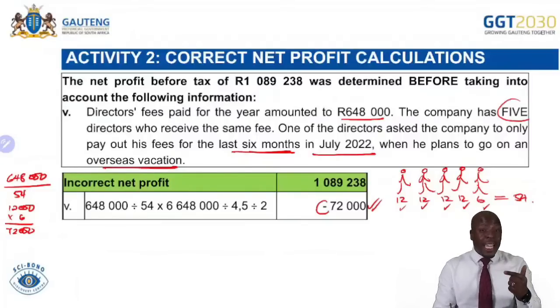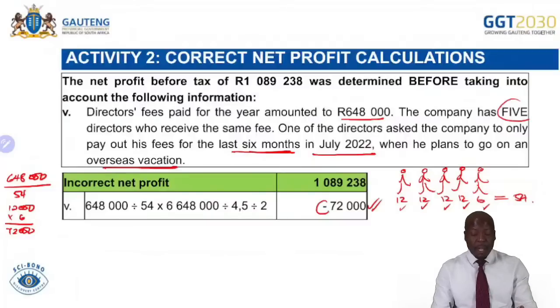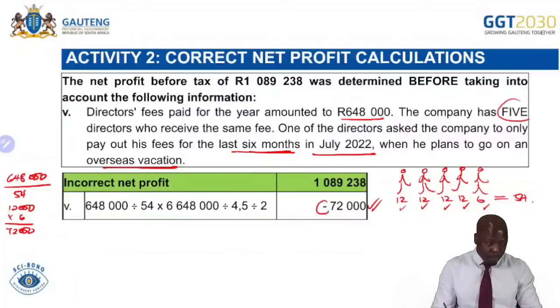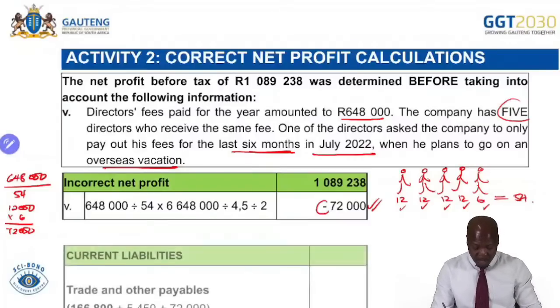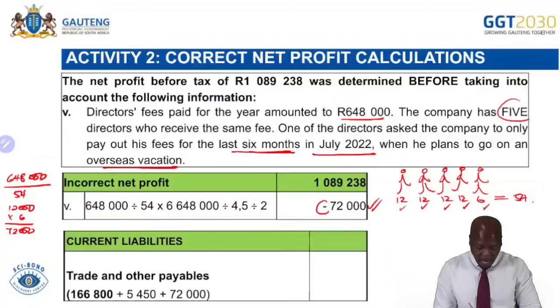If we are owing an amount in this question, the question wanted the calculation of correct net profit and the liabilities section of the statement of financial position. We therefore come here and we have our trade creditors and our amounts payable, and then we say this is the director's fees that should be paid to the director.